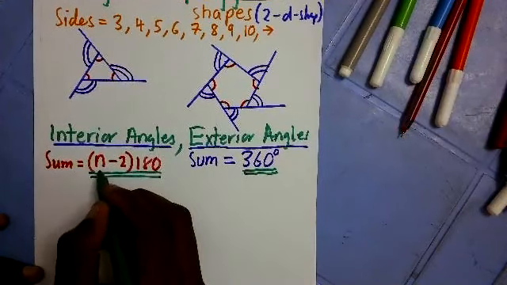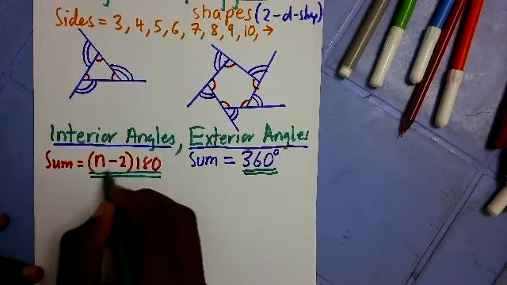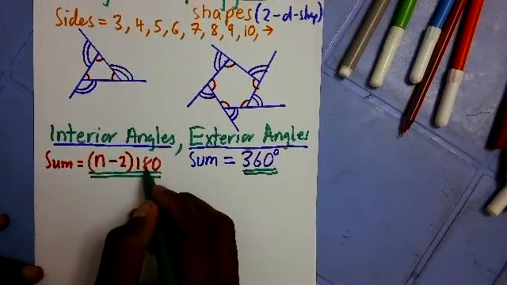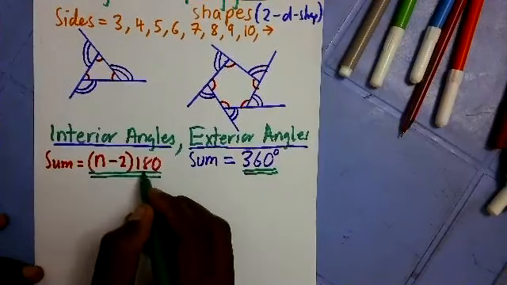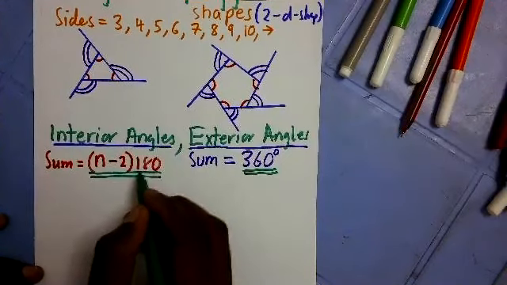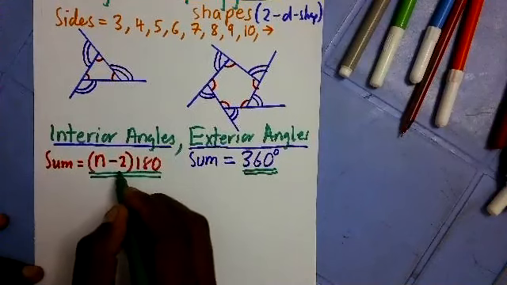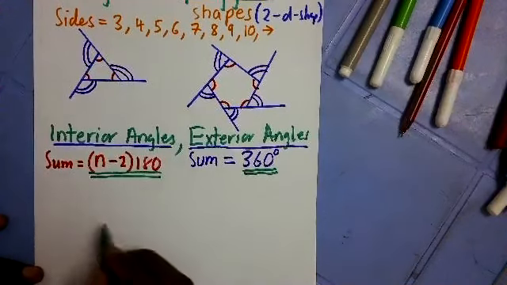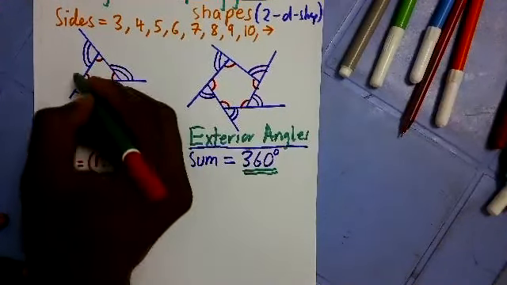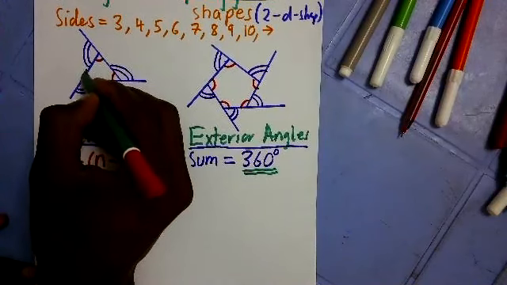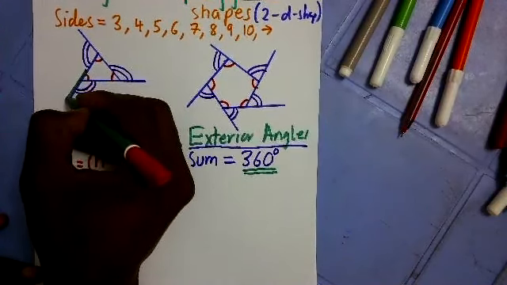If there are 5 sides, then we shall say 5 minus 2, you get 3. 3 times 180, you get 540. This is how we get the interior angle sum. But now, if you look properly on our questions, I am drawing a line there. Look, that is the line I have drawn.